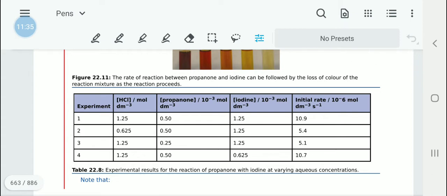So HCl is important, and propanone is also important. Now we maintain HCl and propanone at the same level, 1.25 and 0.5, but we reduce the iodine by half, to 0.625. Nothing happens; the rate remains constant at a high value, 10.7. So that means it is not dependent on iodine.